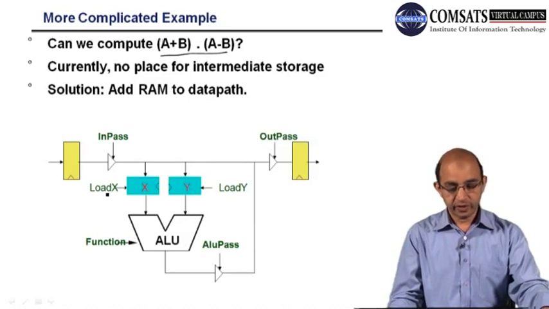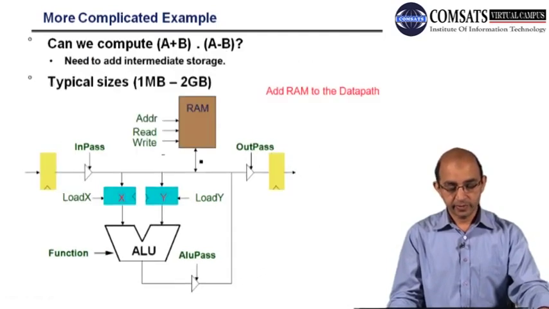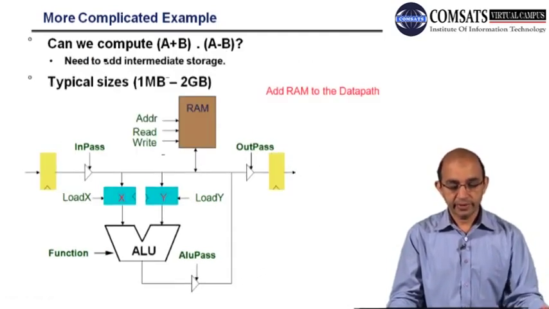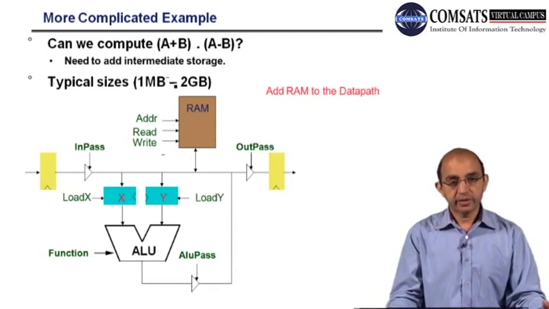So we need to add a RAM to the data path. So here comes the RAM, and you can have the size of RAM accordingly. This is the address, this is for read write, and here you can see that over this data path we have the RAM.